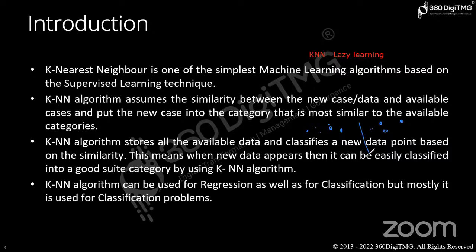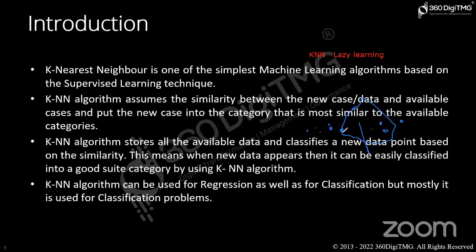When a new data point comes, we try to find the distance between the existing data points. Before that, we need to define the number of neighbors. In KNN, K is nothing but the number of neighbors. We can choose odd numbers like 1, 3, 5, 7. Suppose here I am assuming these 3 are the nearest neighbors.